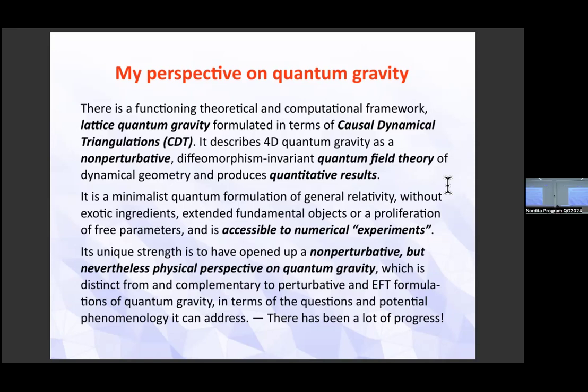So its unique strengths, perhaps also in emphasizing what may be important here for the audience, contrasting to some of the things you have already heard, it has opened a non-perturbative, but as I will explain, nevertheless, physical perspective on quantum gravity. So it's distinct from and complementary to perturbative and effective field theory formulations of quantum gravity.